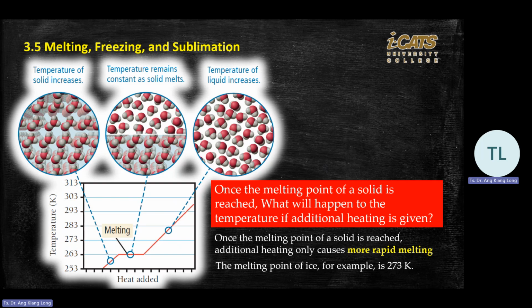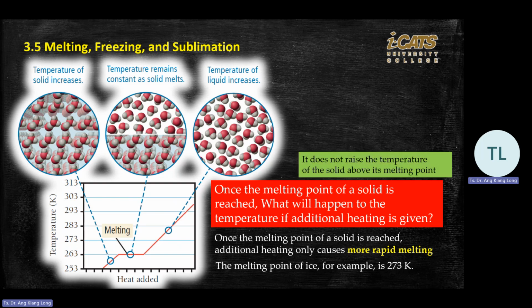Okay. When you start from solid and you start melting, you keep adding energy, the temperature will not increase, but it start melting. Right? Because the energy was used to break the intermolecular force. It do not increase the temperature. Okay, it do not raise the temperature above the melting point, but it will start to have more and more melting happen.